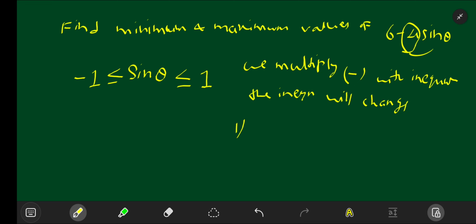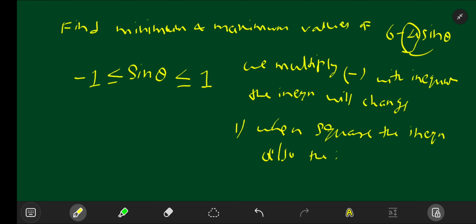The second condition is when we square the inequation. When we square the inequation, the inequation will also change.